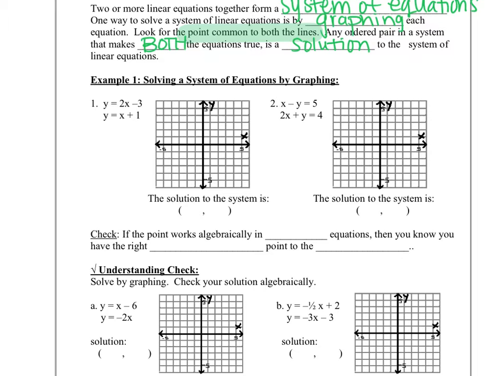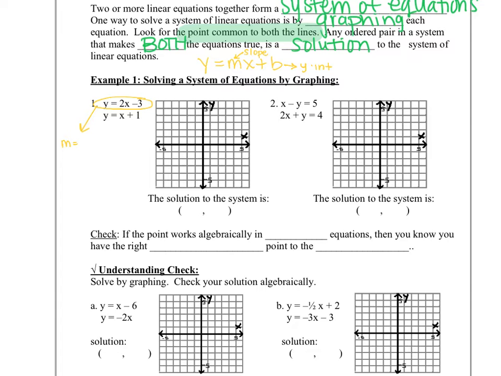So we're looking at this next example. This top equation is already solved for y. And remember from before we went on break, y equals mx plus b, where m is the slope and b is the y-intercept.